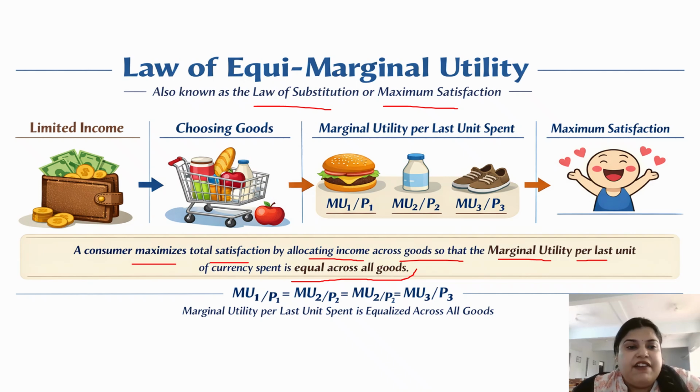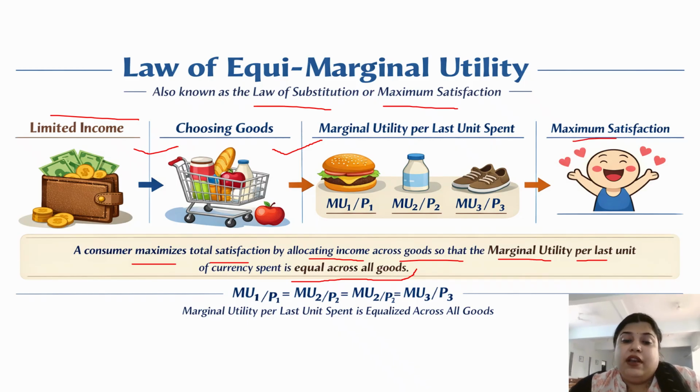We have a limited income, and with that limited income, we can choose goods. And for the goods we choose, the marginal utility per last unit spent on each good is equal. It means that if we have to spend on three goods, it must be equal for all. And the last one is maximum satisfaction.